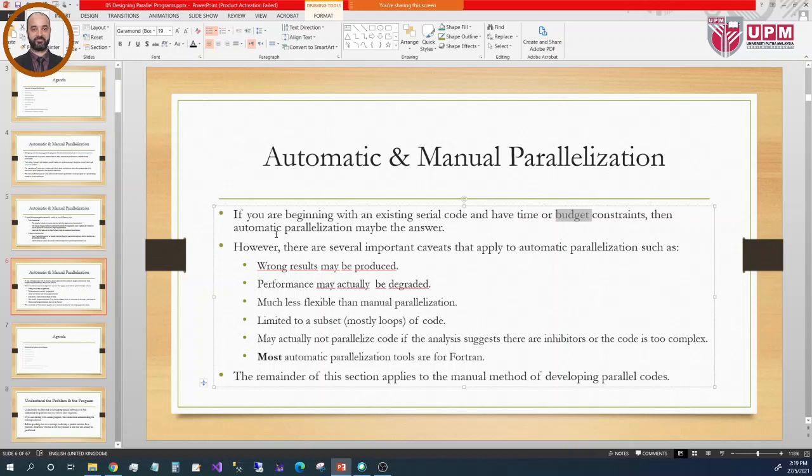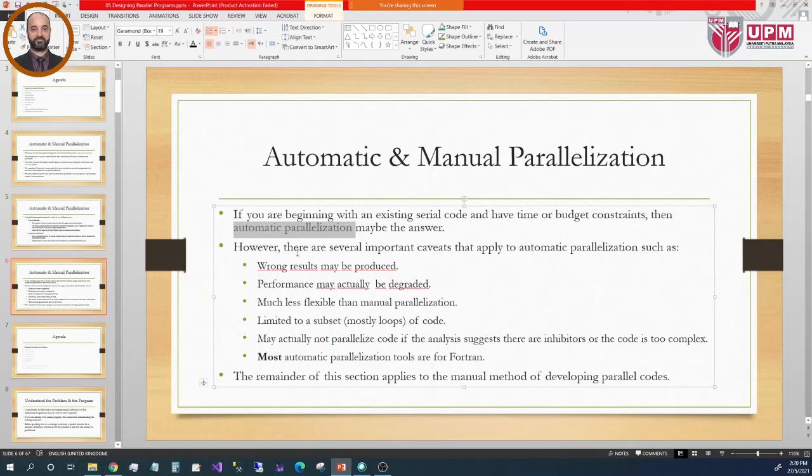In that case, you could use automatic parallelization, which is faster and cheaper. Otherwise, you have to spend a long time to parallelize the code, and that will need budget to accomplish.